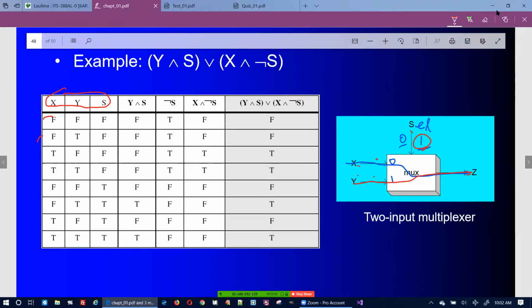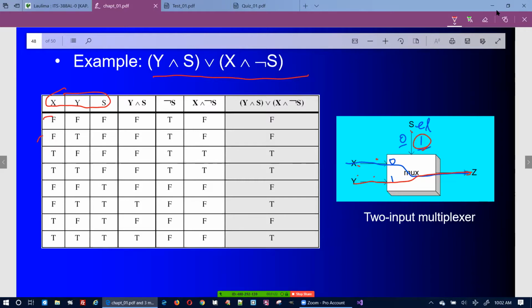It's FFF. It's all the combinations here. This is not the way I would write it, but the order doesn't matter. This is the expression, the logic that implements this multiplexer.